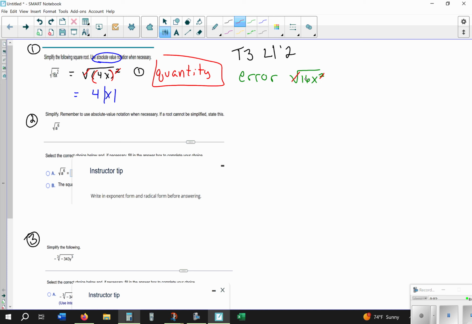If you do that, then you're saying that writing it that way would imply that the 16 is also part of a quantity. And what y'all did was then found the square root of 16, and you said you had already taken care of the x, which is a true statement, but the math doesn't back that up. So you can't do it that way. It does have to be in parentheses.